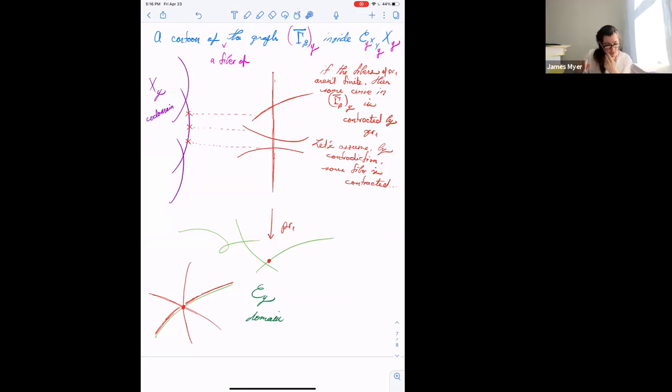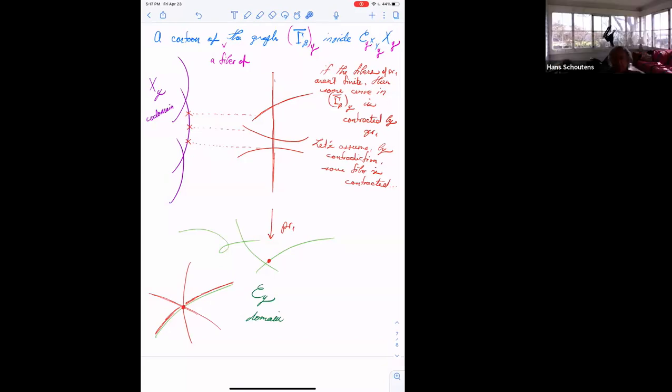So that's one possibility. Then the other thing that can happen is... Well, you haven't demonstrated why the 3 points are really used.